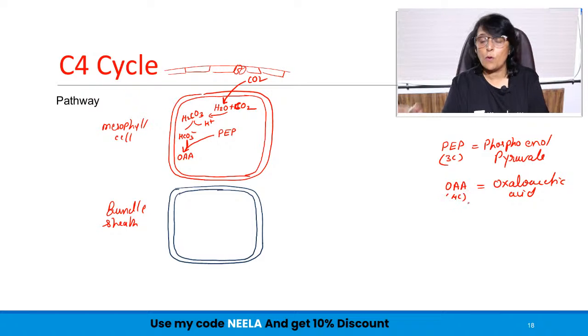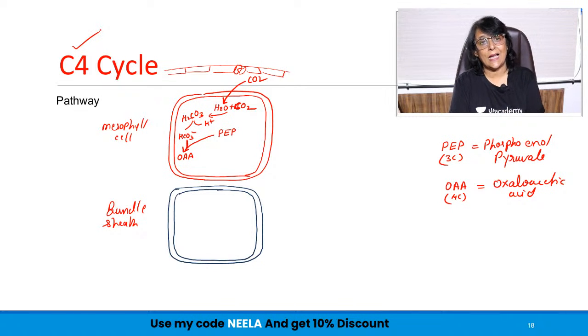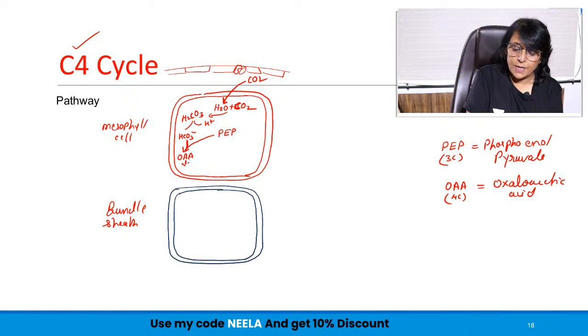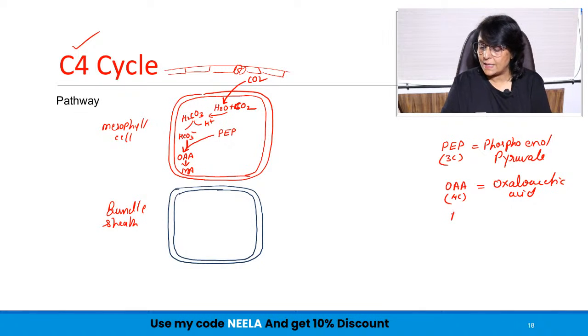Oxaloacetic acid is a 4-carbon compound, and hence the name to the cycle. So the first compound which is formed is oxaloacetic acid, a 4-carbon compound. Oxaloacetic acid cannot diffuse from mesophyll to bundle sheath, so it is converted into another 4-carbon compound, which is malate or malic acid.